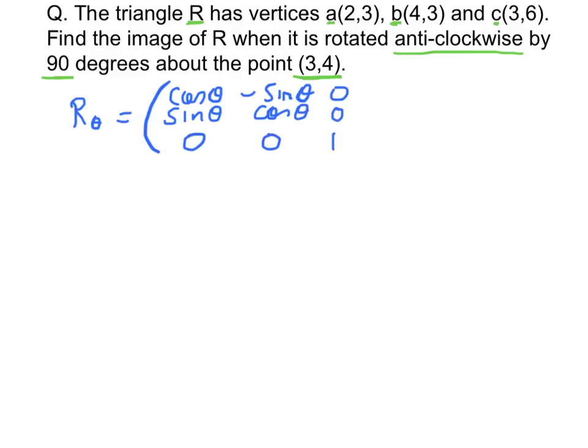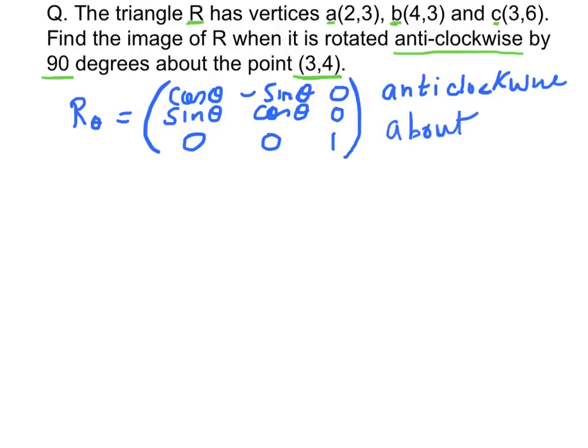So that was the matrix we were using in the last video. Now recall that this matrix is an anti-clockwise rotation, and about the origin, which is 0, 0. Now this matrix only works for a rotation about 0, 0.